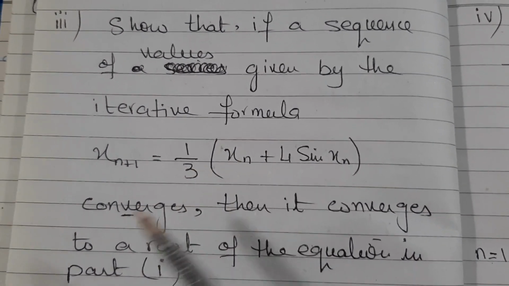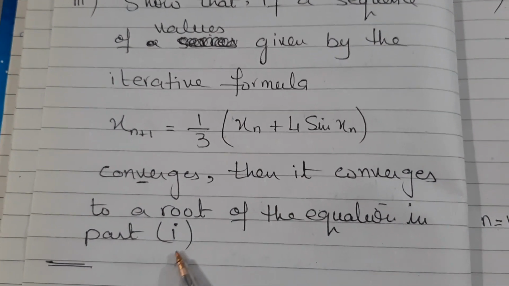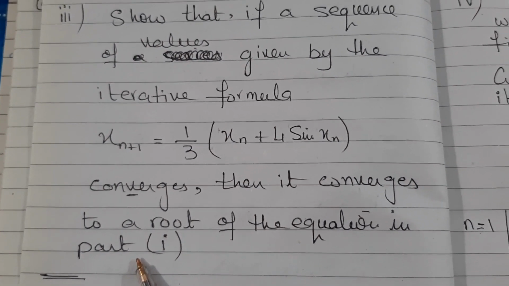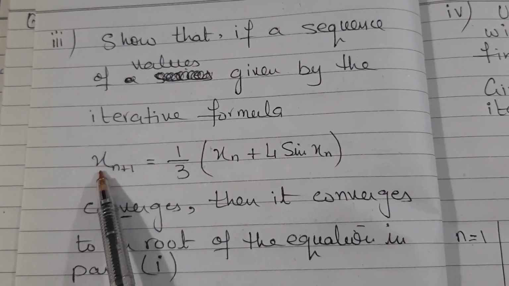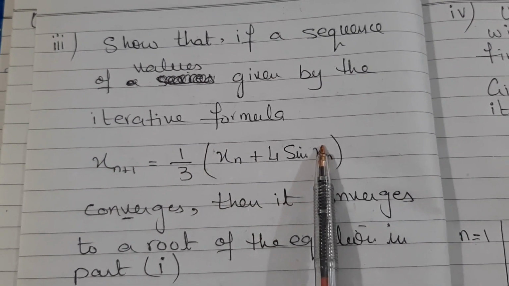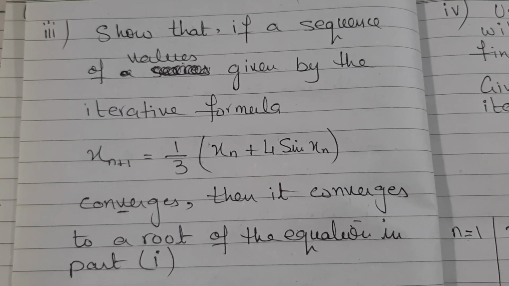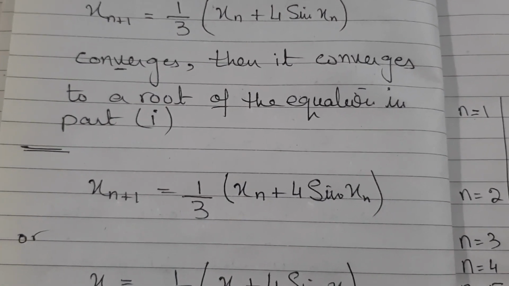So it is saying that when it is converging, like coming to the same point, then it is the root of equation 1. Exactly the same thing we have to show here: that this iterative formula, x equals to this thing, is actually giving us the root of the equation we proved before, which was 2 sine x minus x. Let's see how.